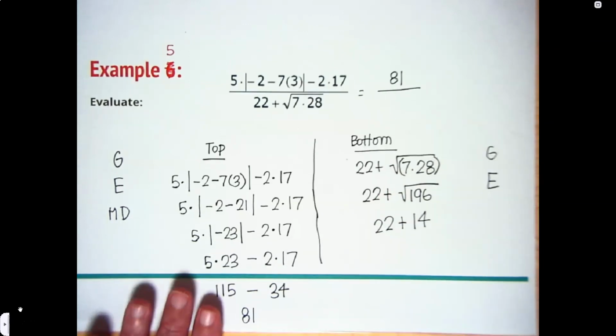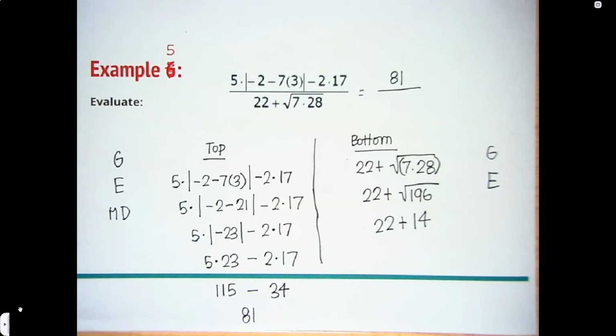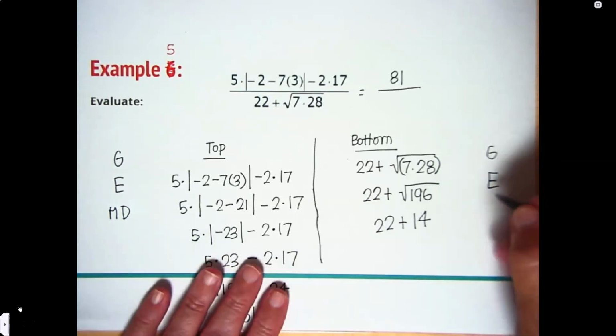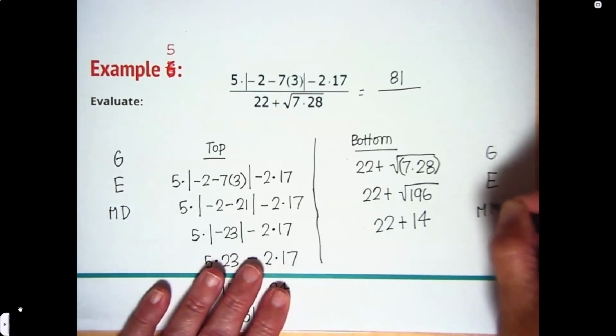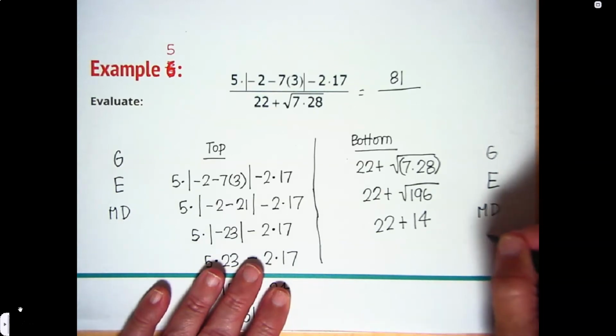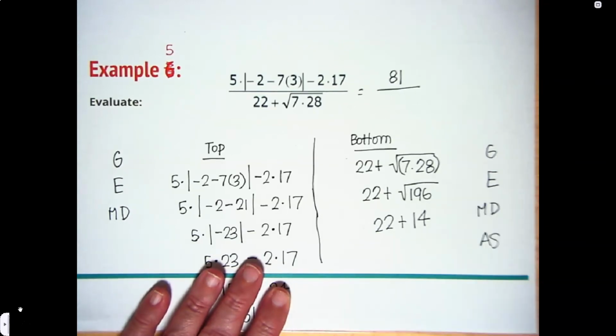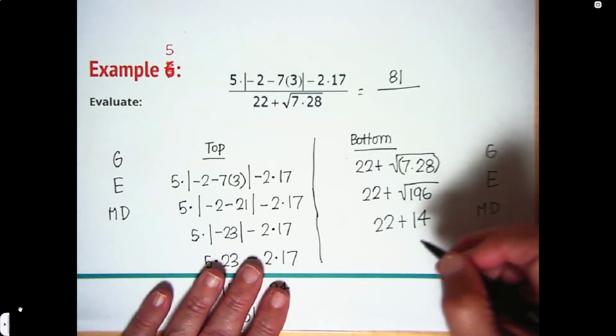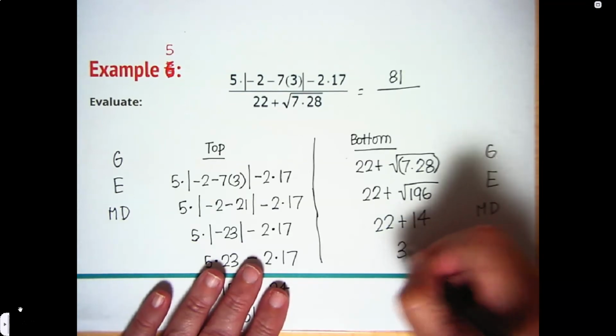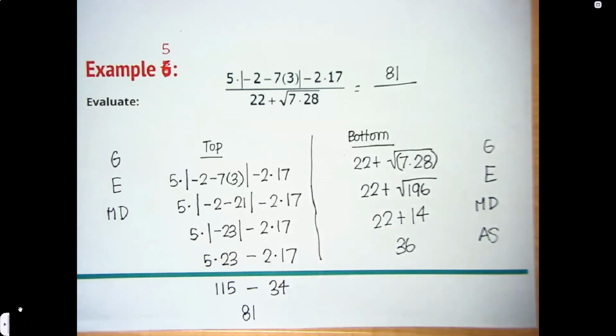You can use a calculator to find out that that is 14. So this becomes 22 plus 14. There is no multiplying or dividing in this problem. I have adding to do, so I'm going to do that. 22 plus 14 is 36.